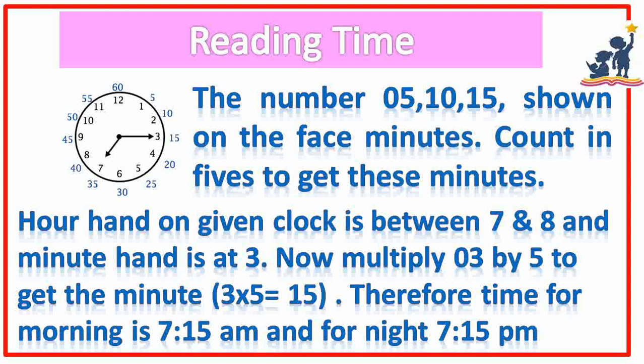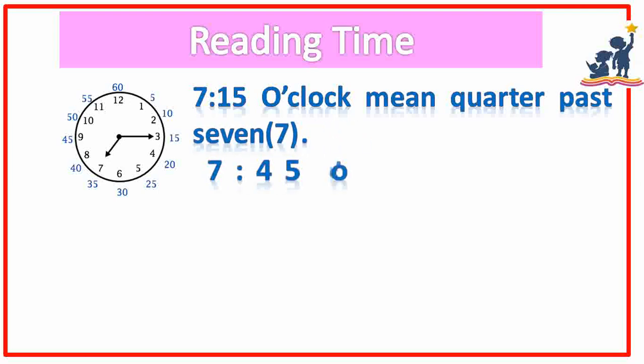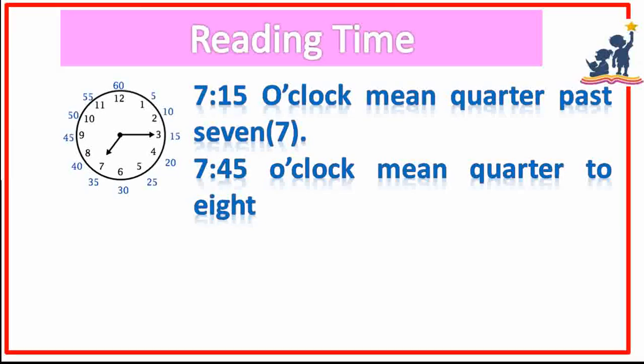That is, 3 into 5 is equal to 15. Therefore, the time for morning is 7:15 AM and for night it is 7:15 PM. And 7:15 means quarter past 7 and 7:45 means quarter to 8.